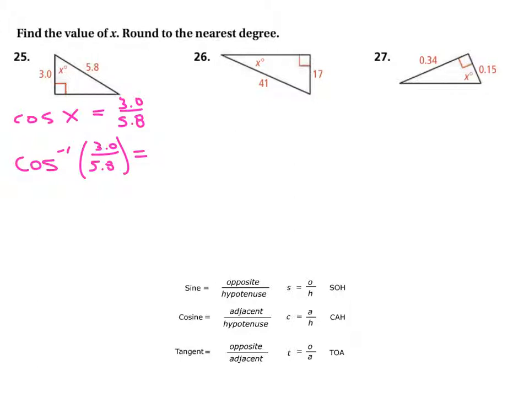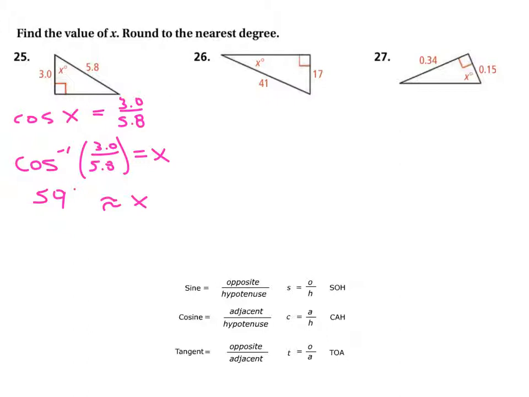Now close the parentheses, and you get 58.85. Oh, by the way, I should write that's equal to x. 58.85. That rounds to 59. So we can say 59 degrees is approximately what x is equal to.